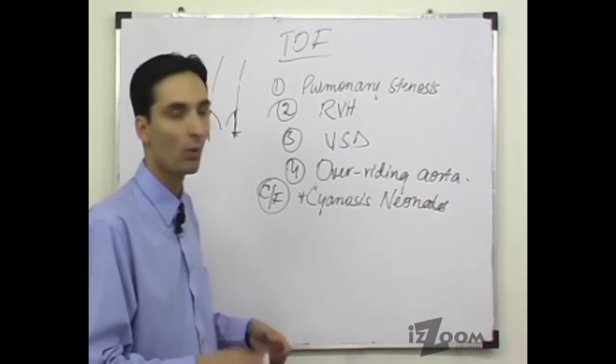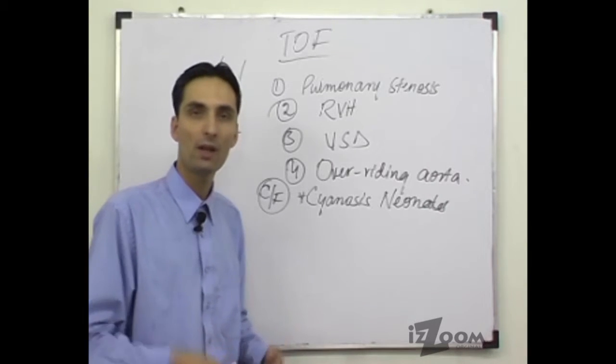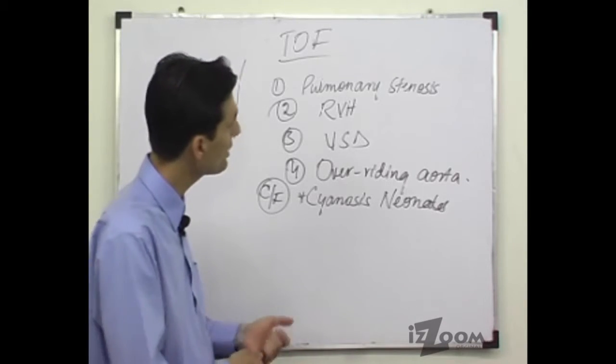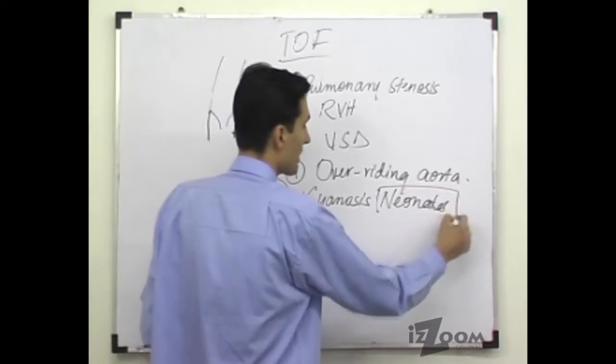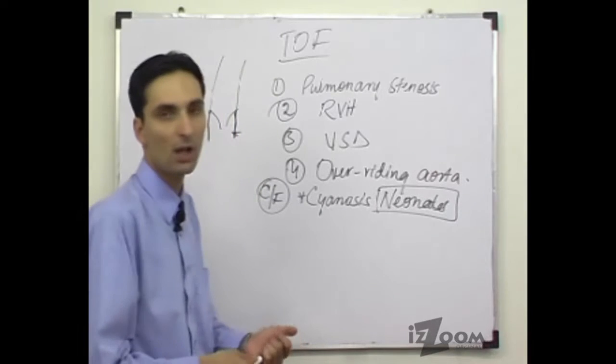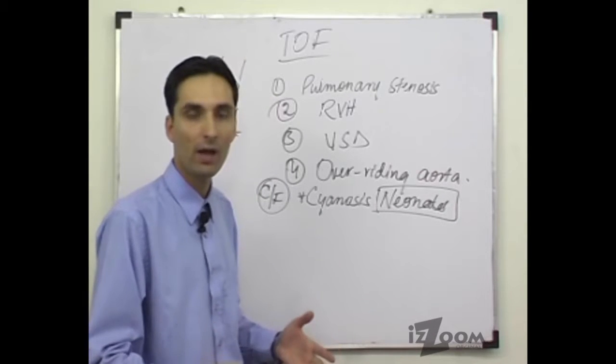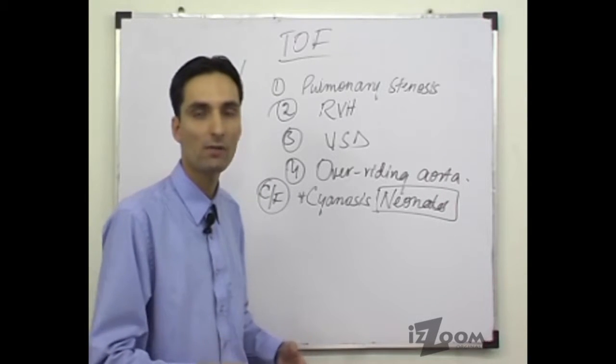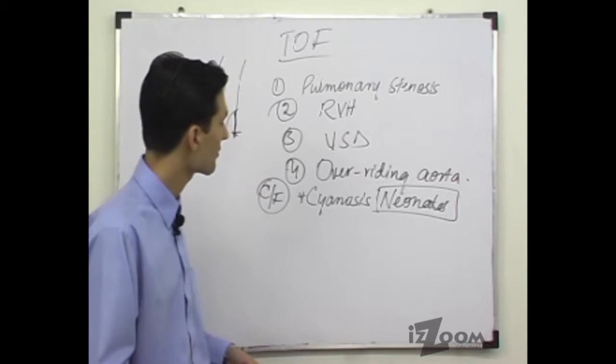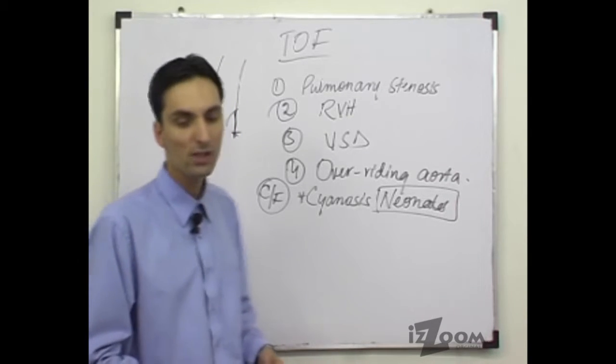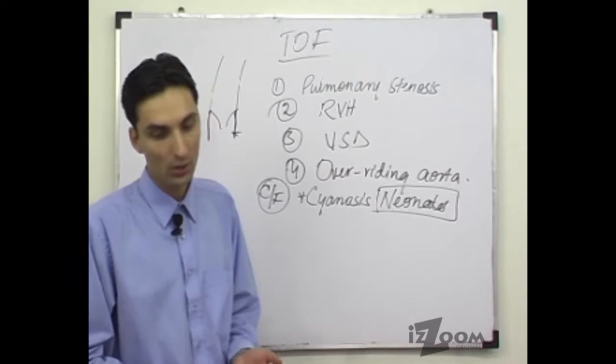That is when there is a right to left shunt, and that is when cyanosis occurs. So in neonates, usually the cyanosis does not occur. It occurs later in life, and it also depends upon the size of the defect and the degree of pulmonary stenosis. So most of these children will present to you with cyanosis.